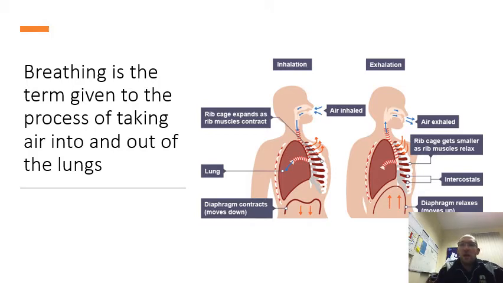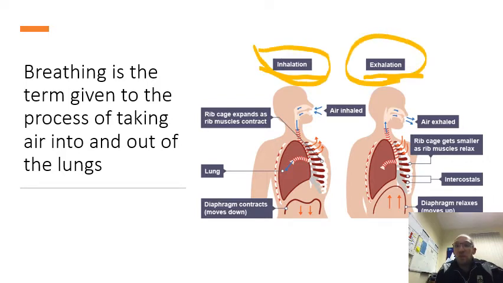Okay, inhalation and exhalation, they're two words they will use, okay, to try and confuse you. So this is quite simply breathing in, and this is quite simply breathing out. Okay, now if you look here, we'll talk about it in a little bit as well.